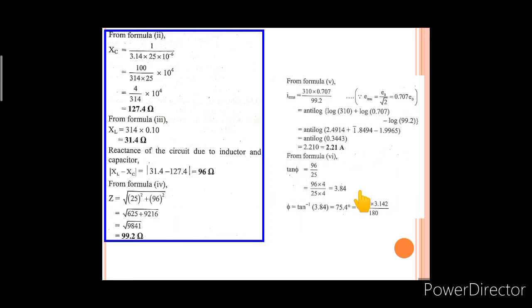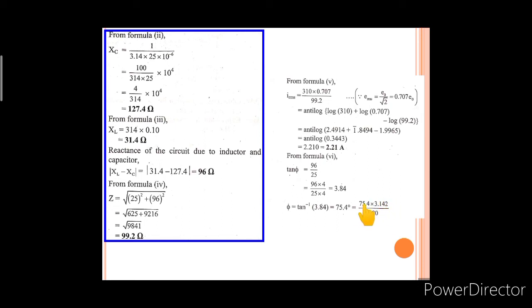Then in the next step we have to determine the value of phi, which is the phase angle, and hence phi is equal to tan inverse of this value, that is 3.84. So we can write phi is equal to tan inverse 3.84, and the value of this tan inverse 3.84 we are getting as 75.4 degree there, and hence over here we have to divide and multiply with pi.